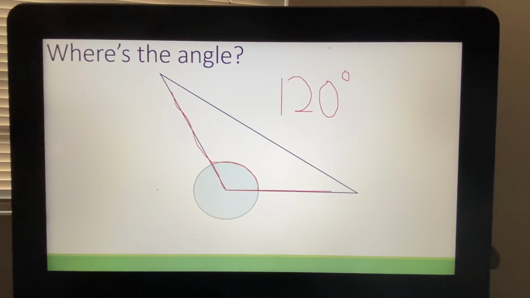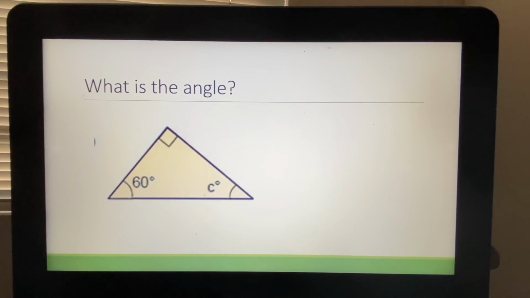Now, adding in a little more math, we're going to figure out what angle C is. So like we said, it'll go up to 180 degrees, which means a triangle will only go up to 180.